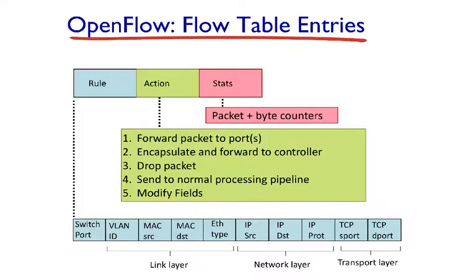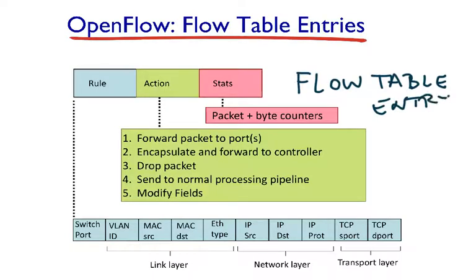So we have an entry on the flow table, and these are the different parts of the flow table entry. We have the match. The match can be created using several different fields.